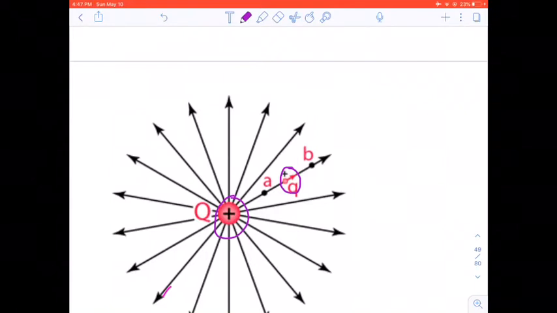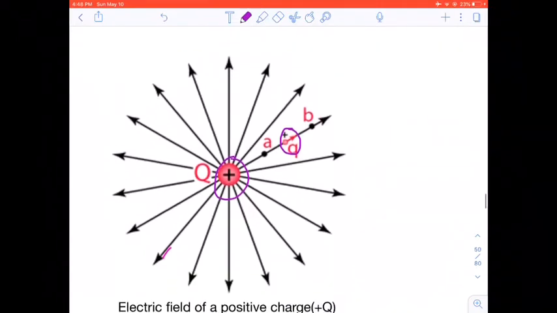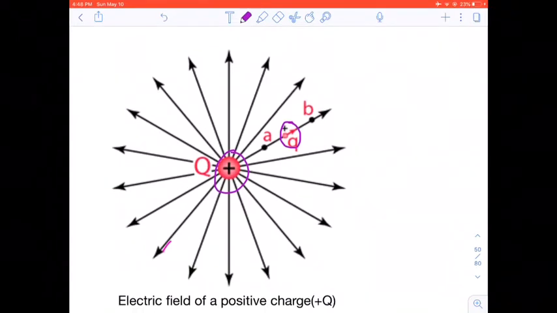So we can look at these two charges as forming a particular system. So when the charge moves from B to A, the potential energy increases. When the positive charge moves in the direction of the field, the potential energy decreases.